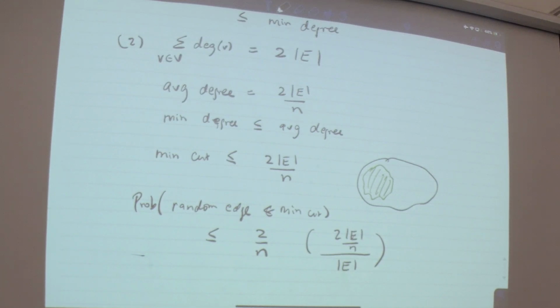So early on, the first edge we pick at random has a very small probability of being bad. It is a very high probability of being good.